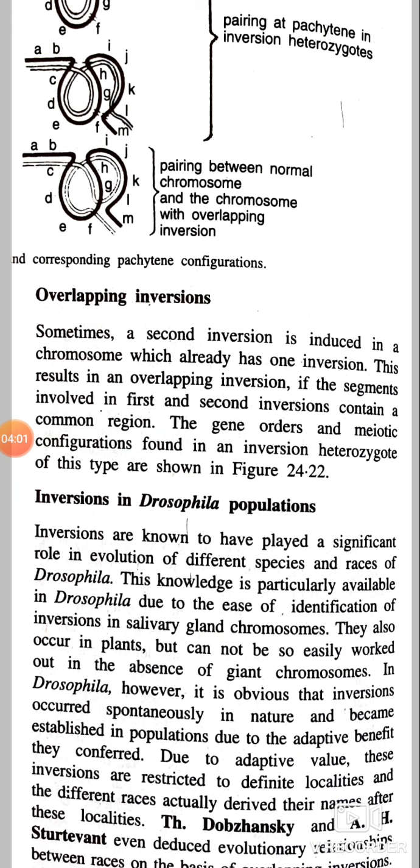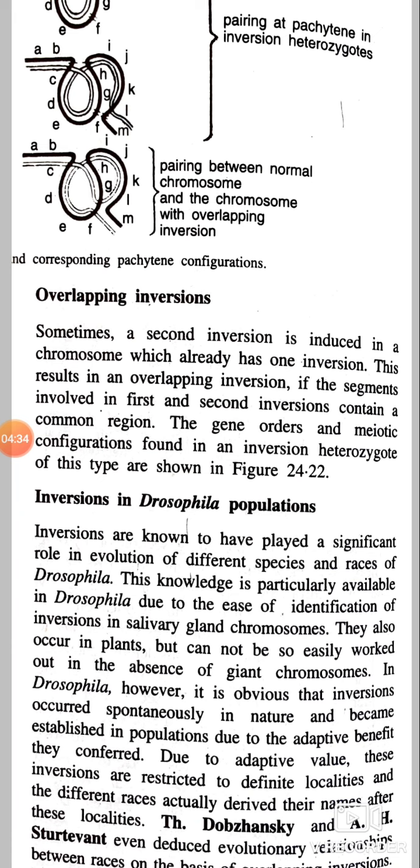They also occur in plants but cannot be so easily worked out in the absence of giant chromosomes as in Drosophila. However, it is obvious that inversions occurred spontaneously in nature and became established in populations due to the adaptive benefit they conferred.